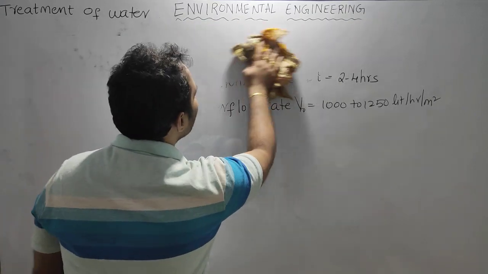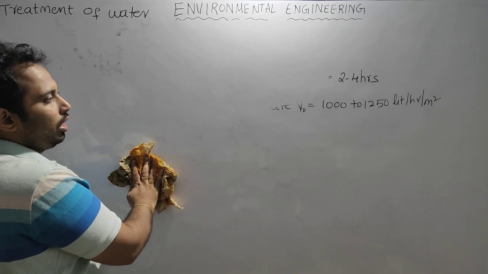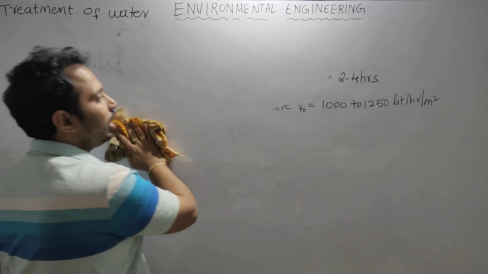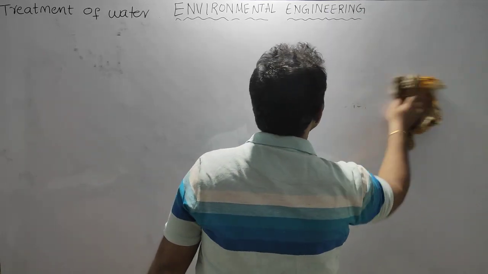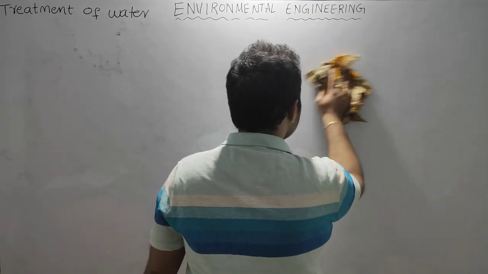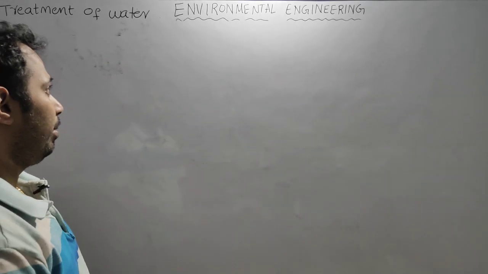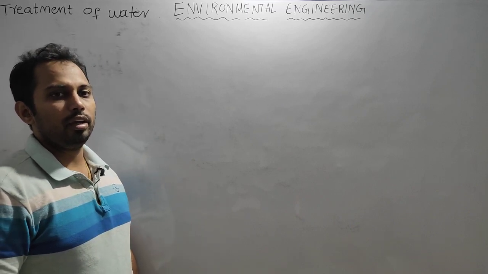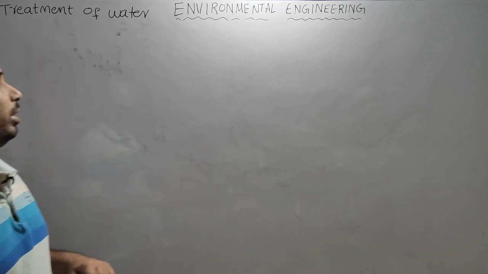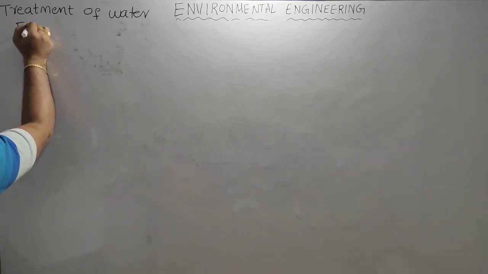To remove those dissolved solids, dissolved gases, organic matter and microbiological load, which cannot be taken care of by a sedimentation tank, either plain or aided, we use filtration. Let us see filtration.